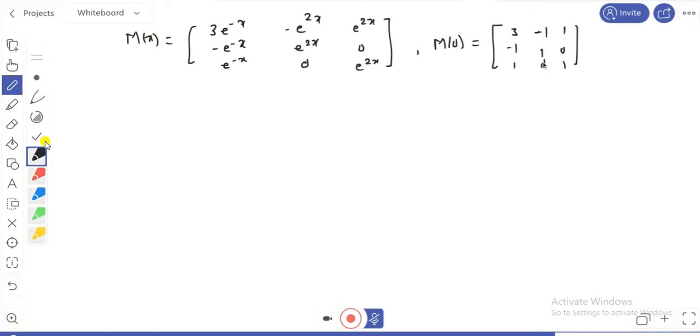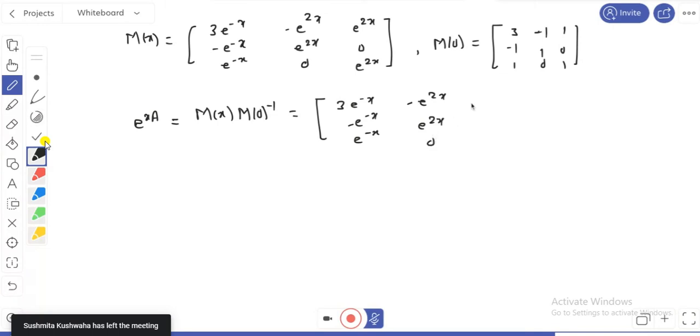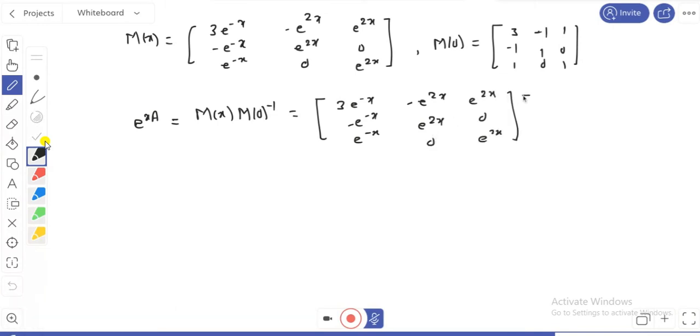Okay, so what is the exponential? That is equal to Mx, this matrix, and inverse. This means you have to find the power 2x, this multiplied by 3 minus 1 1, minus 1 1 0, 1 0 1.